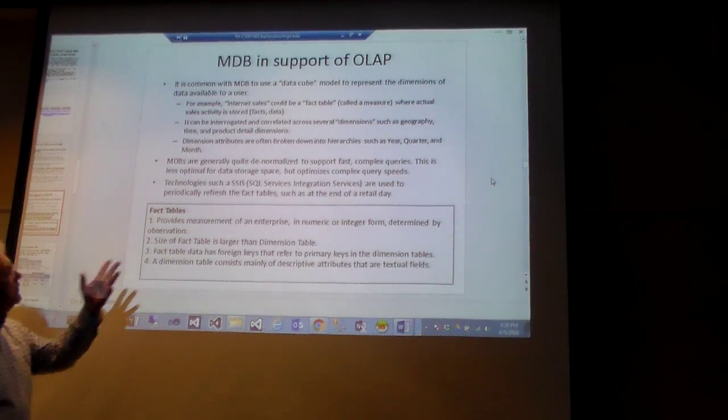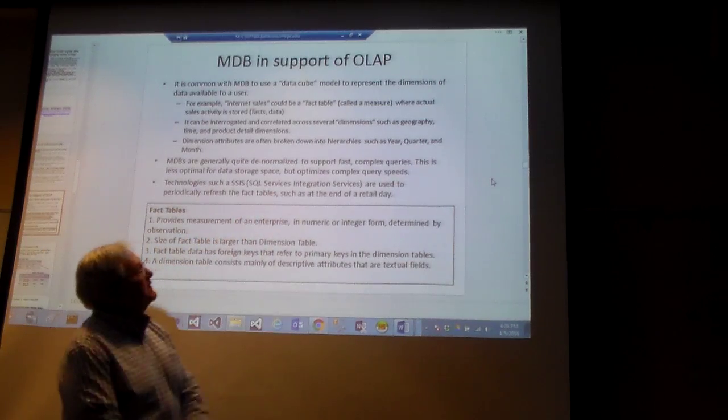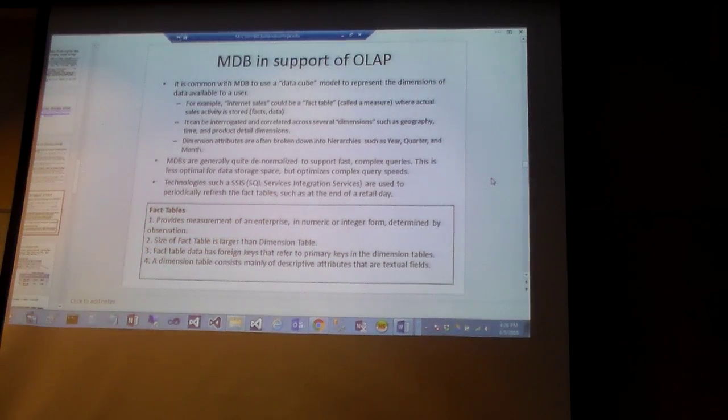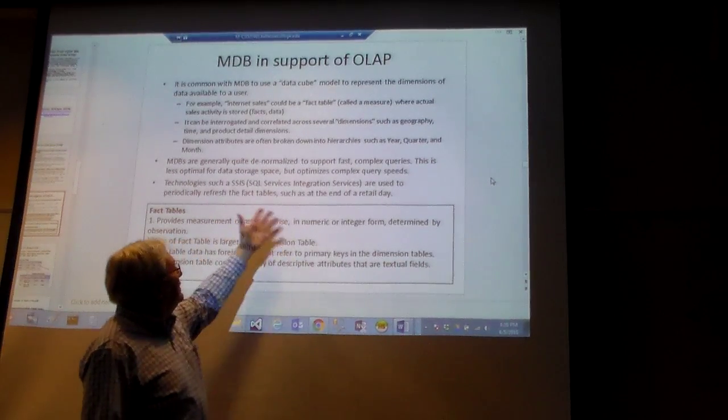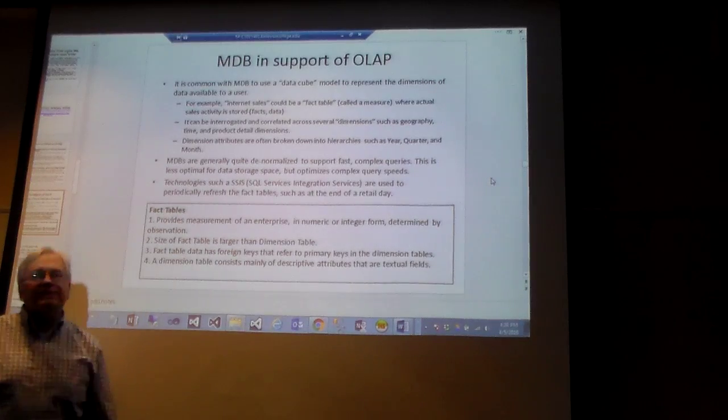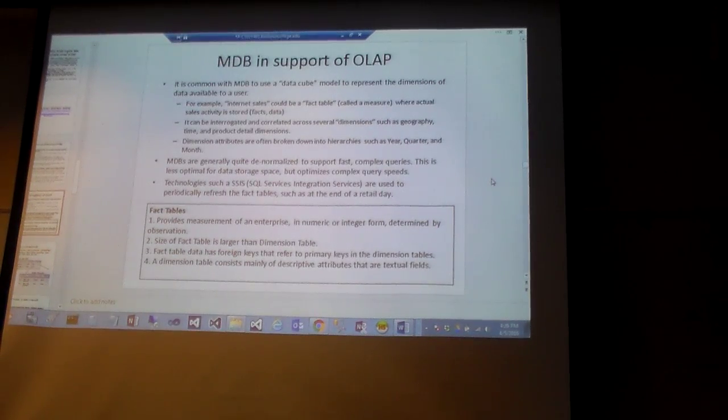And here's the thing, they're usually quite denormalized. They're the opposite of normalized. They repeat the data all over the place in order to make it very fast. And then you use something like SQL Server Integration Services to keep the data loaded, and this gets into how much you want to spend and how desperately you want the data.